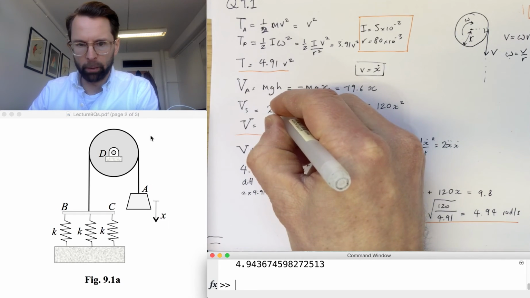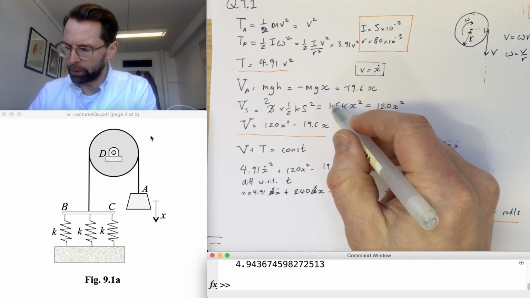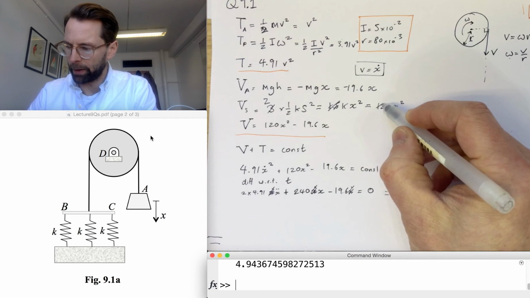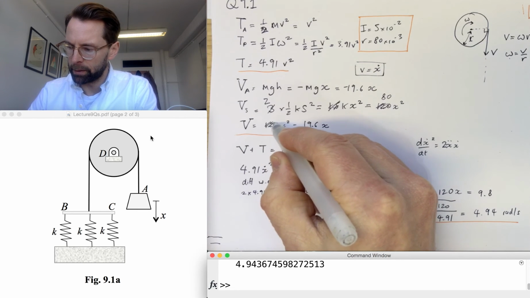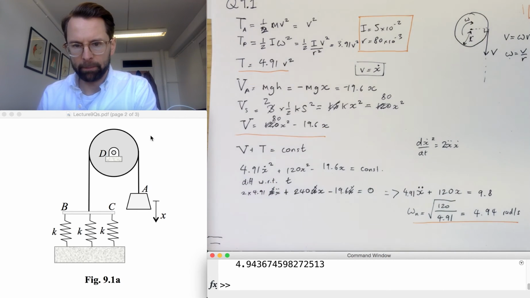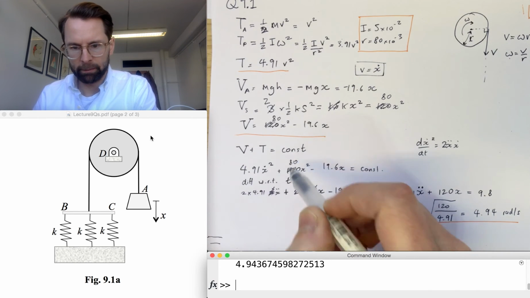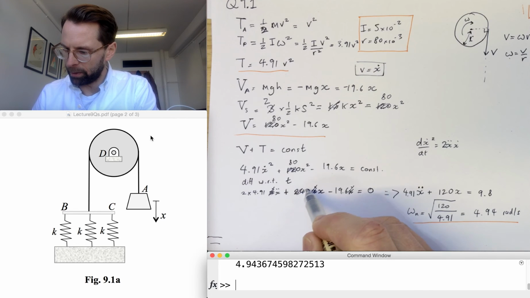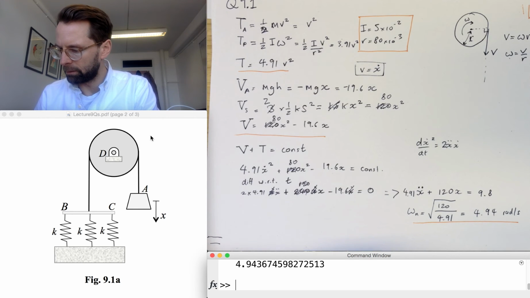This won't be 3, that will be 2, which means this will just be like that. That will be 80, and this will be 80. Anyway, let me put that back as it was.